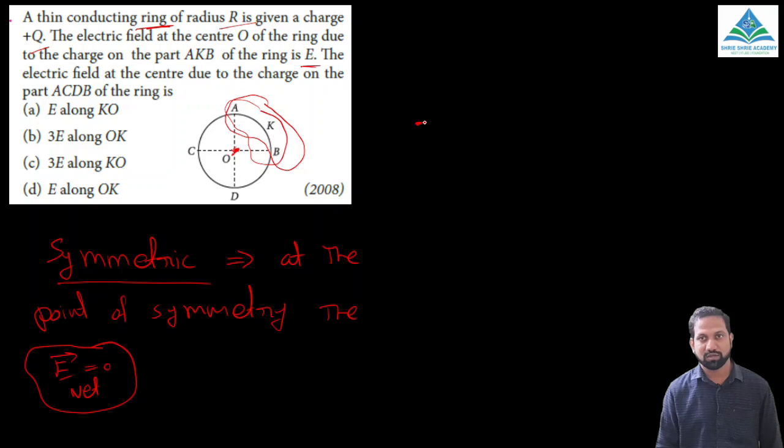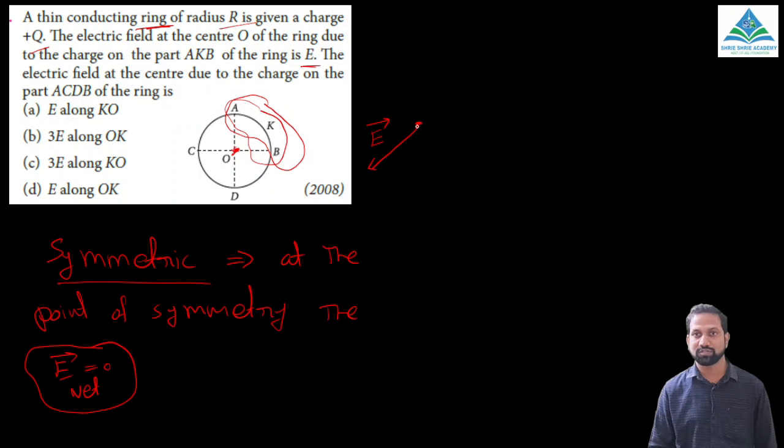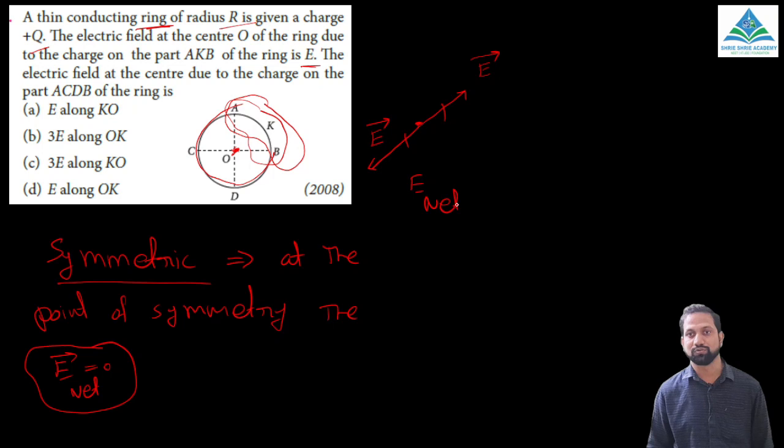Due to the AKB part, the field is this way, E bar. Then definitely, to cancel this, an equal amount of field should be there in the opposite direction, due to the ACDB part, so that they cancel each other and the net field equals 0.